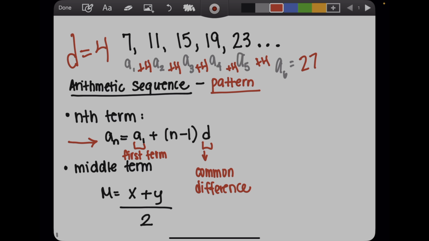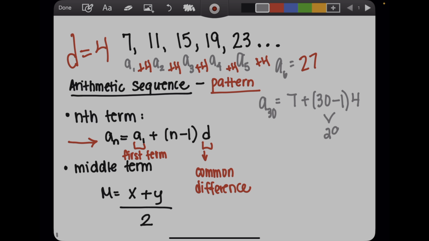And if we substitute into that equation, we have a sub 1, which is 7, plus n, which is 30, minus 1 times our common difference, which is 4.